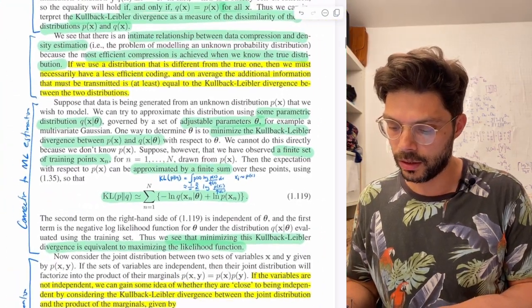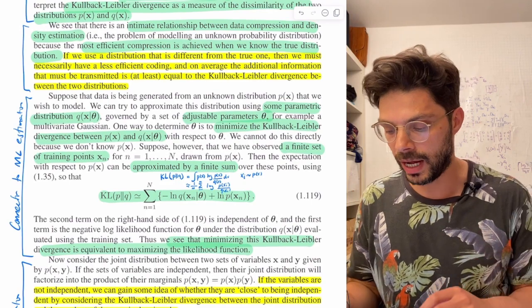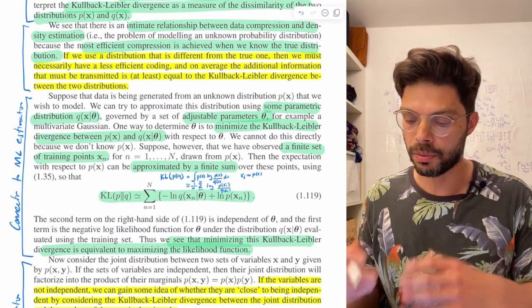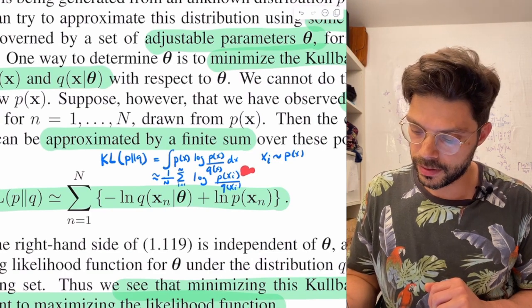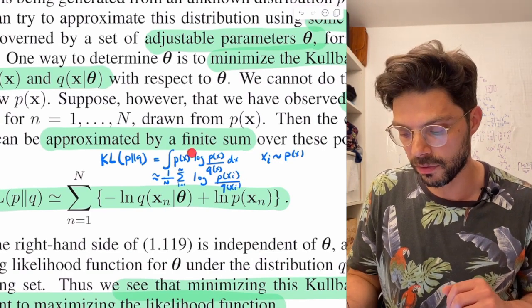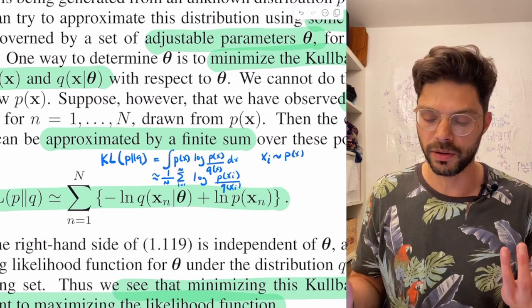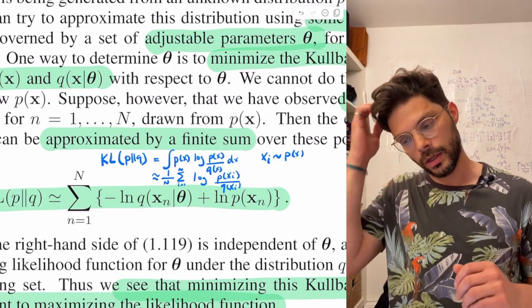Now you might be complaining: sure, but I thought we didn't have P of X, so how am I going to compute the probability P of xi? We've essentially solved one problem, the first dependence on P of X, but P of xi is showing up again.